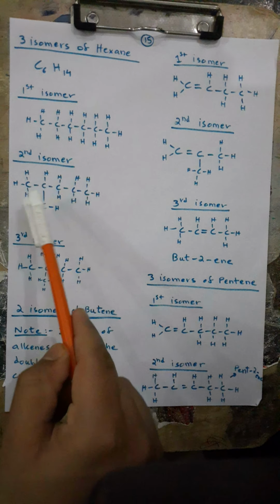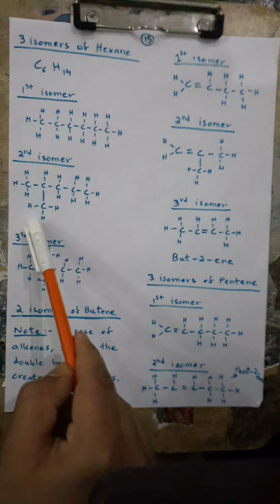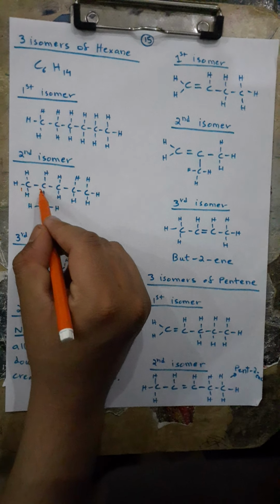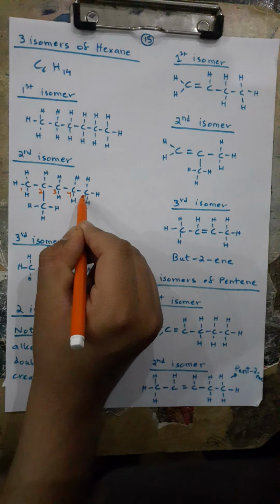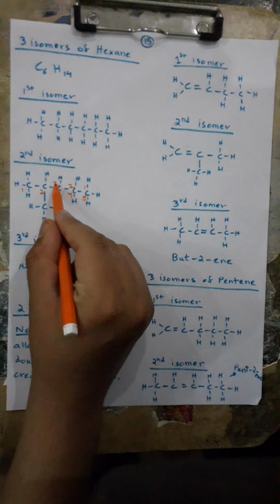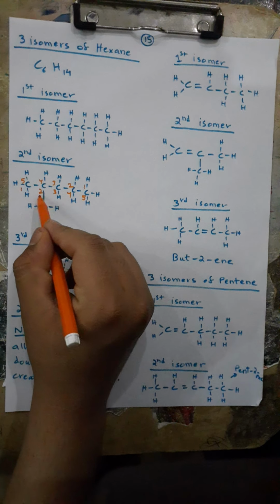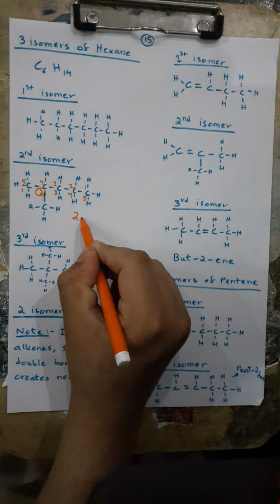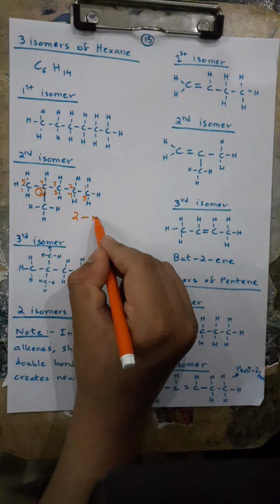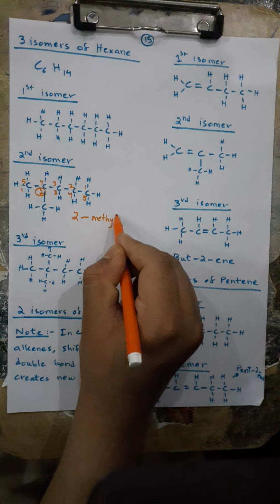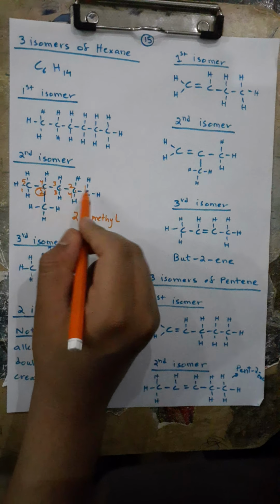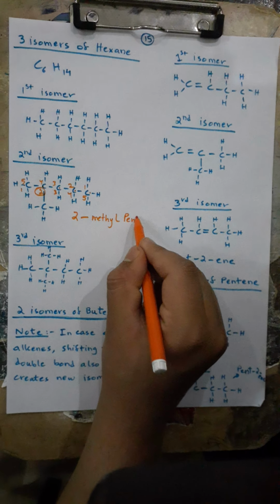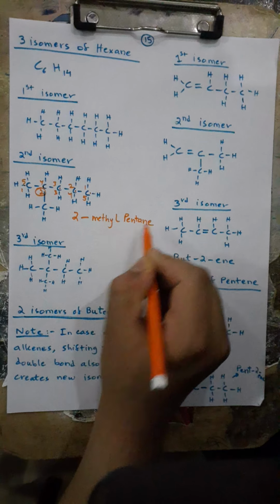So if we take this carbon and attach it over here on the second carbon, its name would be, if we count from here, 1 2 3 4 5, and 1 2 3 4 5. So here 2, from here 4, so we're gonna take 2, only 1, so 2 methyl, and 5 carbons in a chain in a row, so 2 methyl pentane.